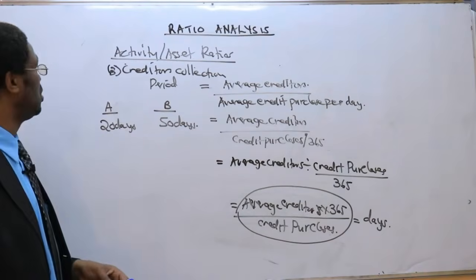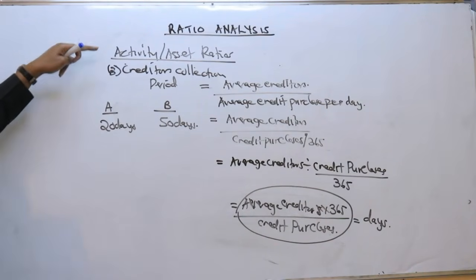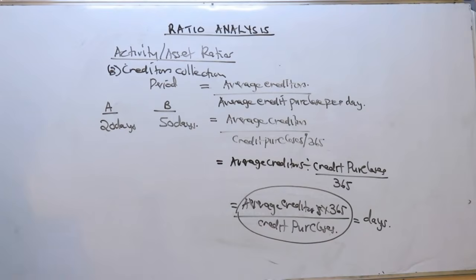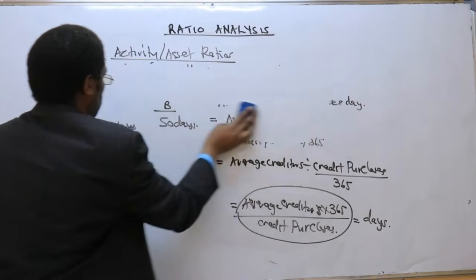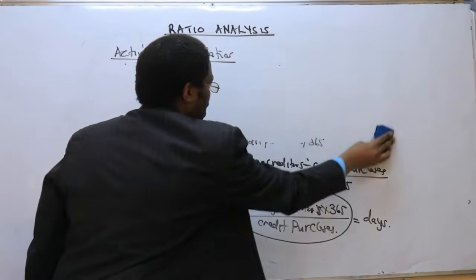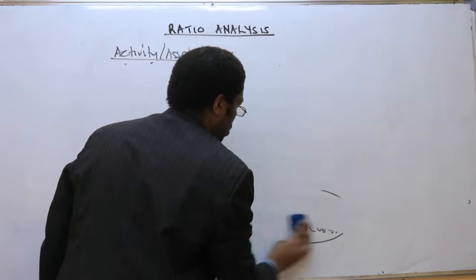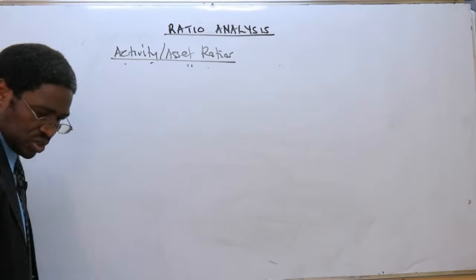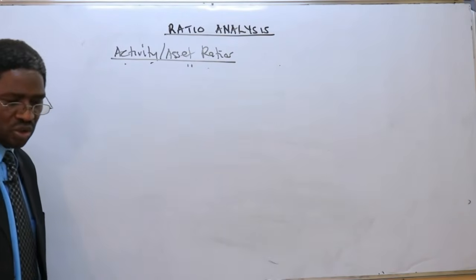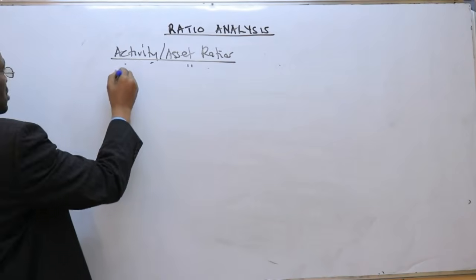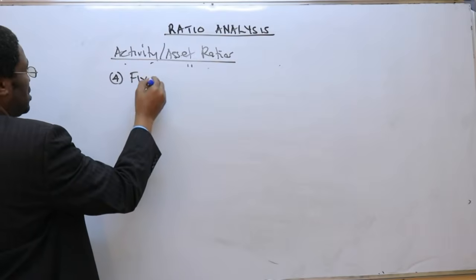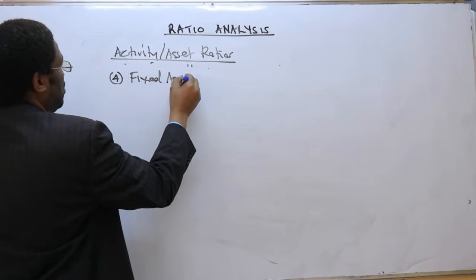So that's our ratio number 3, still under activity ratios. Now we go to ratio number 4, under activity, or what we are calling asset ratios. Our fourth ratio is called fixed assets turnover.